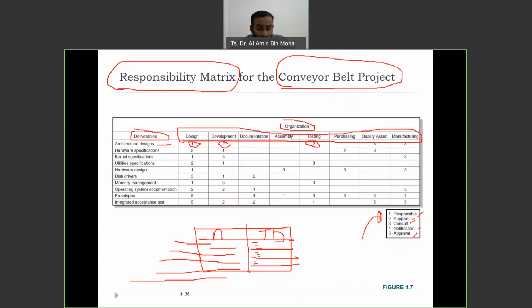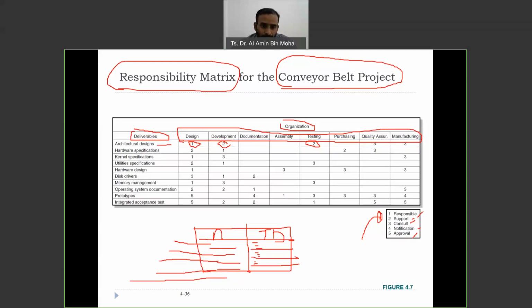I don't know if that's still being practiced, but if you're just submitting the assignment, you're not going to know anything about the content. So yes, I believe you know how to plan your assignment and project. You've been doing that for more than 3 years, right? Because these are the things that you're going to be involved in when you are leading a project or when you're working in industry. So that's for the responsibility matrix.